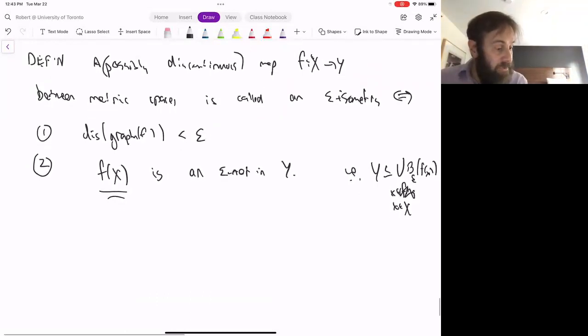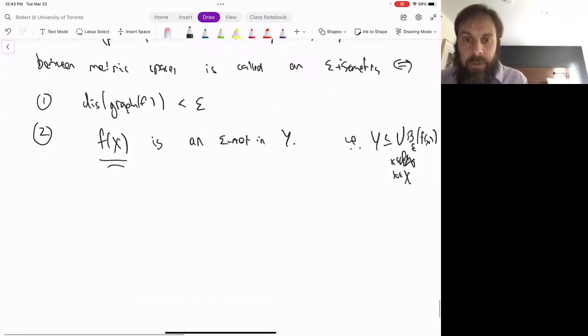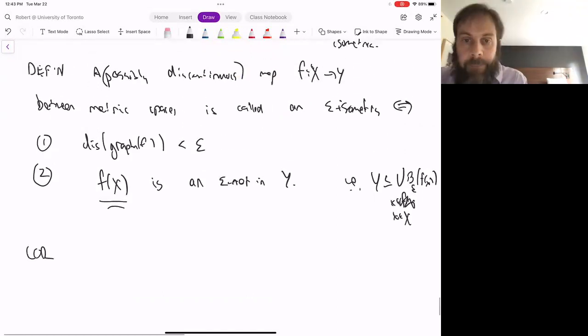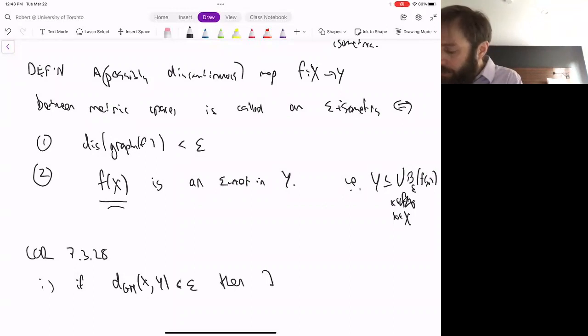And the convenience of this definition is that it's a corollary of the preceding theorem. If the Gromov-Hausdorff distance between two spaces is small, let's say less than epsilon, then there exists a 2 epsilon isometry between the spaces.